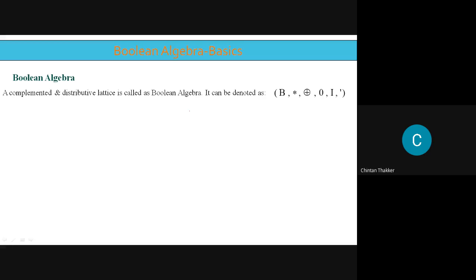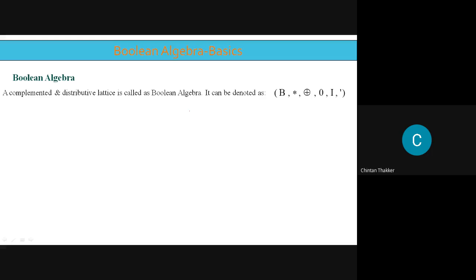So you can write the definition in both ways. You can write this simple, one-line definition: a complemented distributive lattice is called Boolean algebra. And you can write that way also: B is a non-empty set, star and ring sum are two binary operations defined on B. Then if B satisfies the following properties, it is called Boolean algebra.